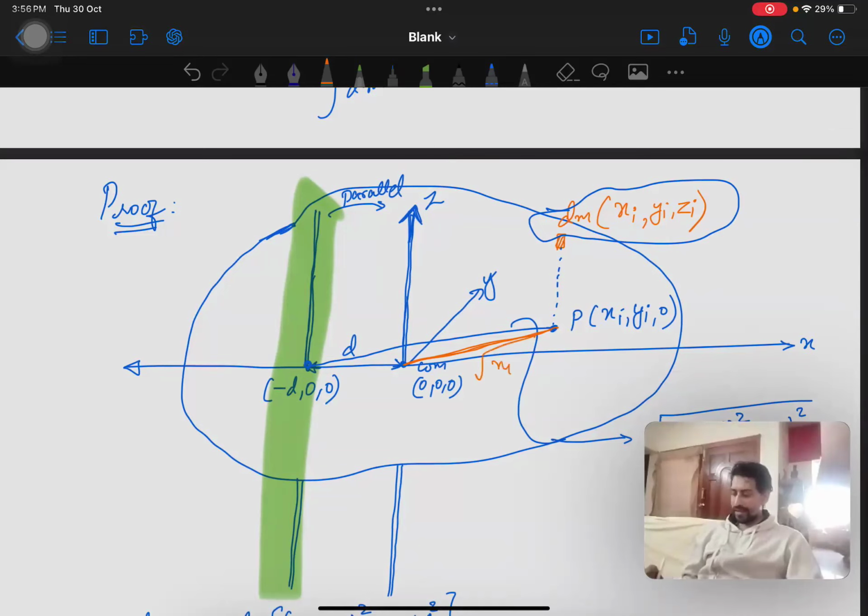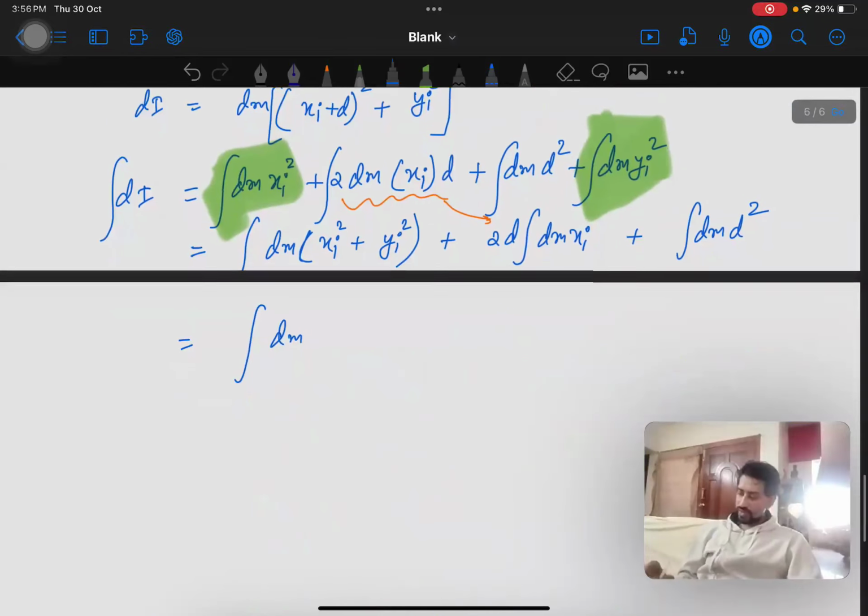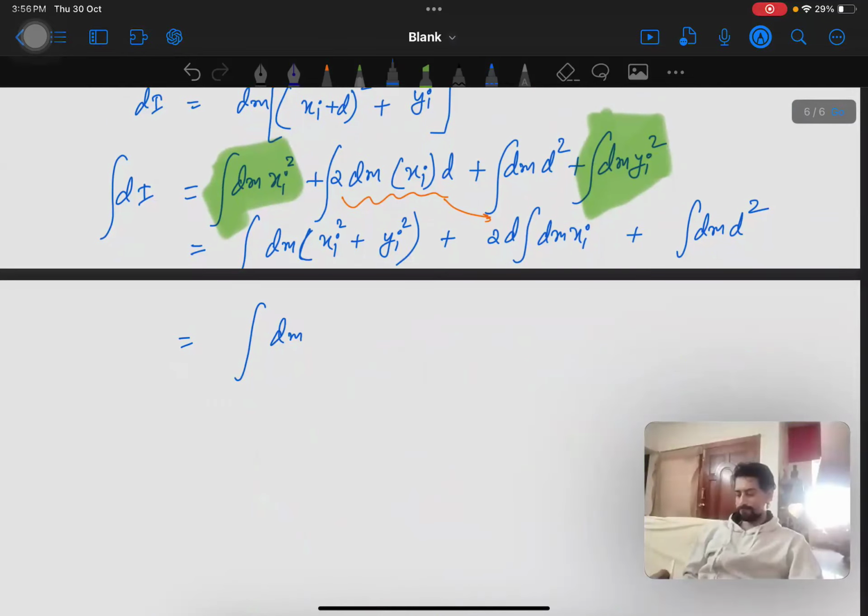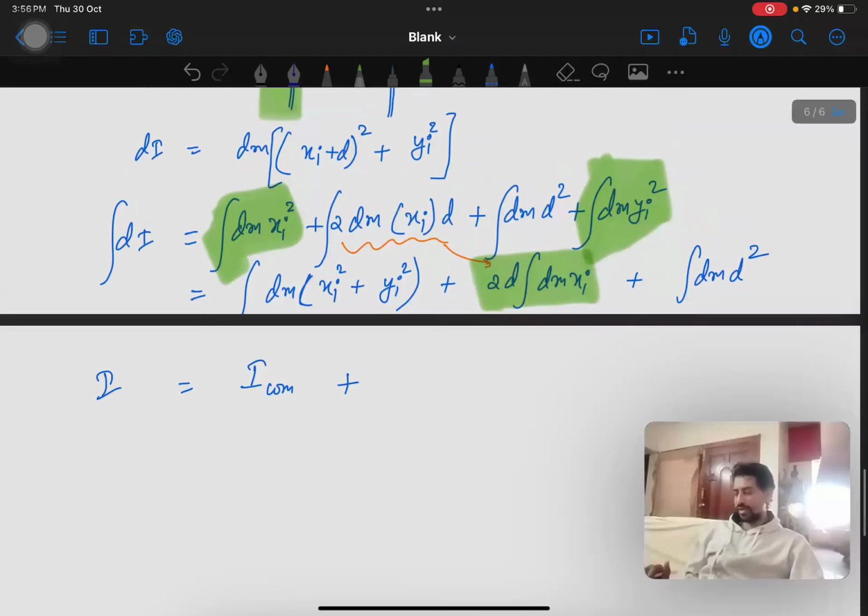Since this one is xi square plus yi square. So you get this as equal to, how much? You can now write directly this term is I about the center of mass axis, the one which is parallel to this axis. Fine. What is this term over here? Integral of dm into xi.